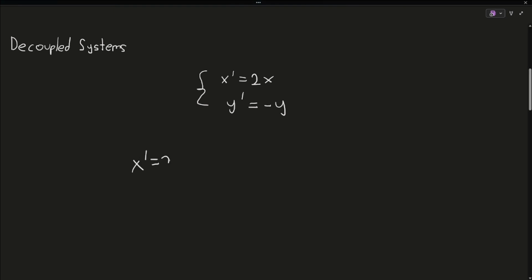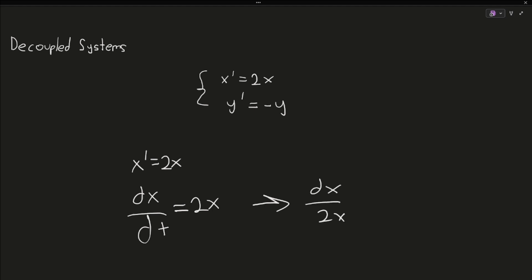So x prime will be equal to 2x. So this is a basic first order differential equation. What we can do is separable would definitely solve this differential equation. dx over dt, guys, because remember this is a function of t, so dx over dt equals 2x. Therefore, this implies dx over 2x equals dt.